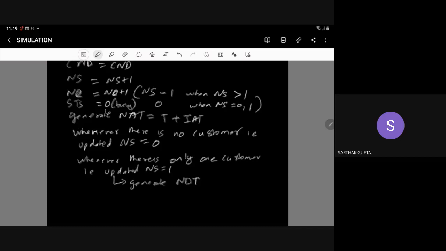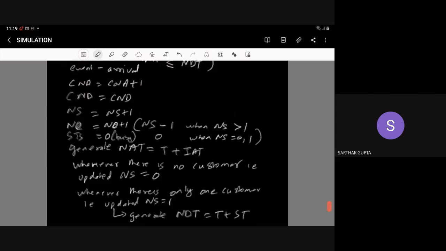Because when the first customer arrives, at that time you have to generate when this customer will depart. So it is T plus service time, current time plus service time. The first customer will depart after taking the service, so the current time plus his service time will give you the next departure time.